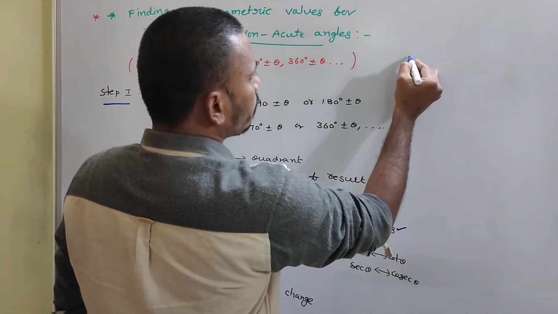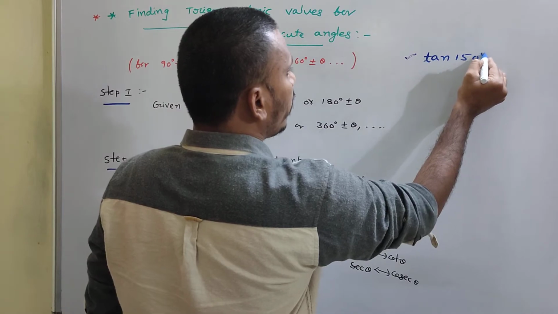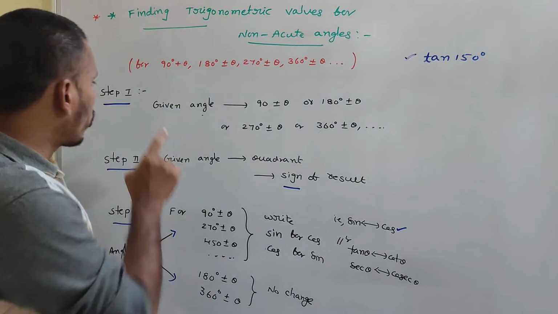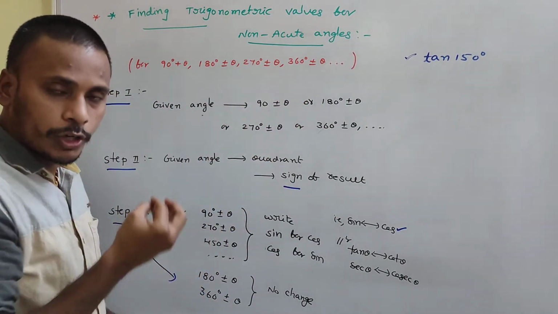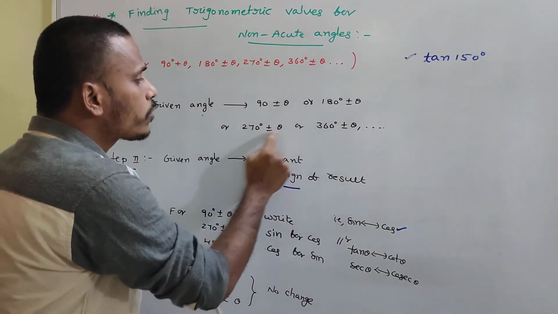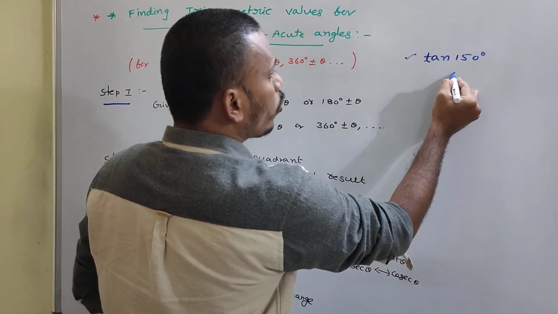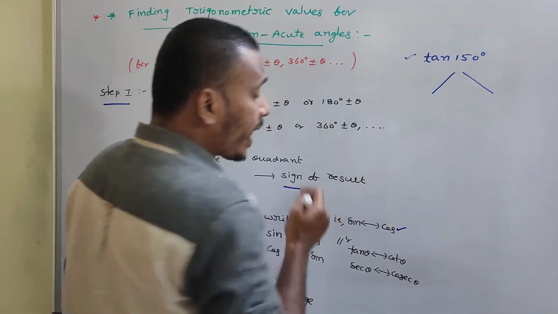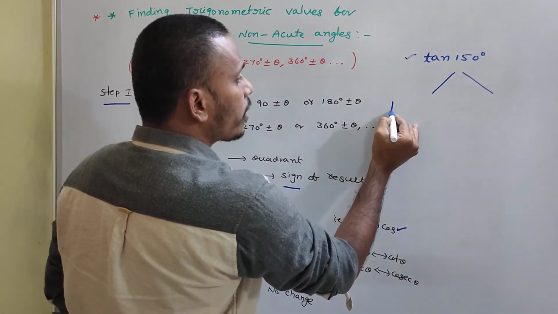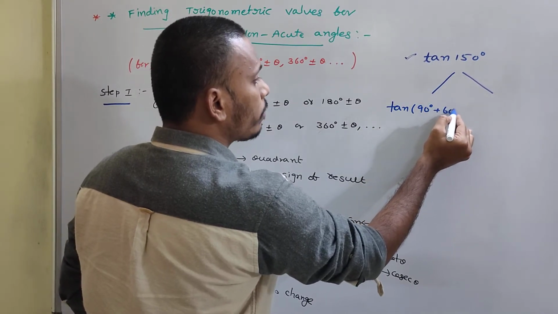Look there. First, I am going to find the value of tan 150 degrees. What is the value of tan 150 degrees? Coming to step 1, this is the question and I am going to solve it. Step 1: you need to rewrite the angle into any of these formats. To find tan 150 degrees, we have two options. One way is expressing 150 degrees as tan of 90 degrees plus 60.